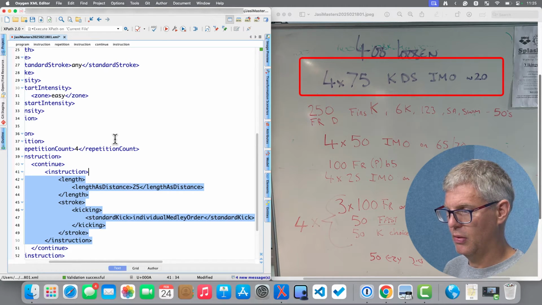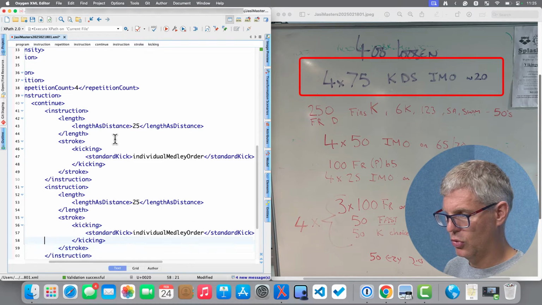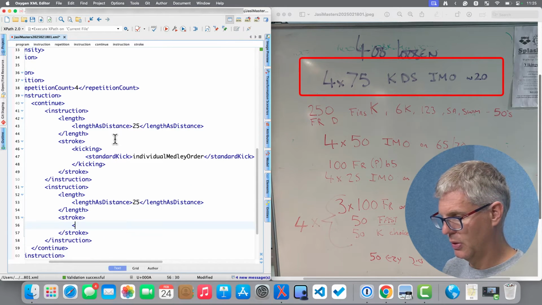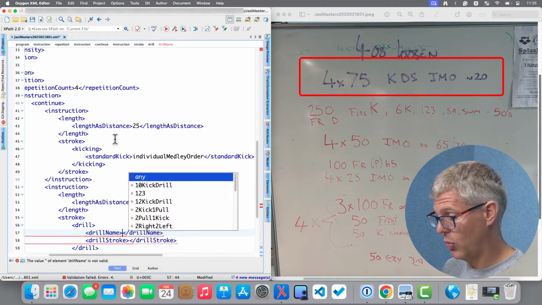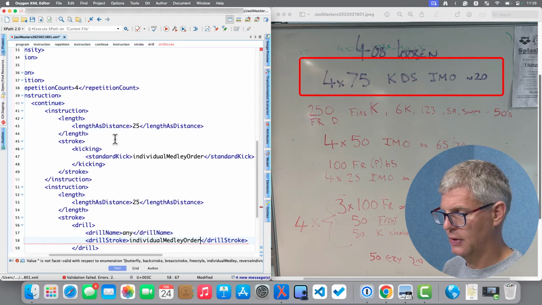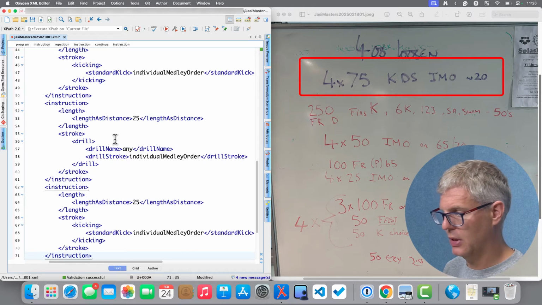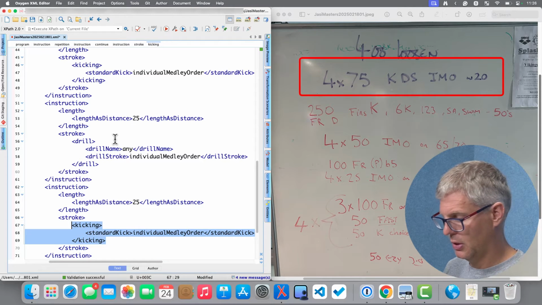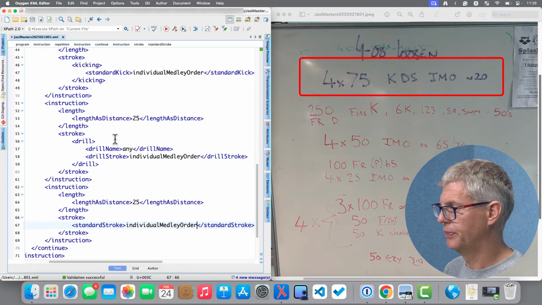And then we move over to drill. So drill, it didn't specify which one, so the drill name is any. And individual medley order. All right, so lastly, it's just swim. So standard stroke individual medley order.